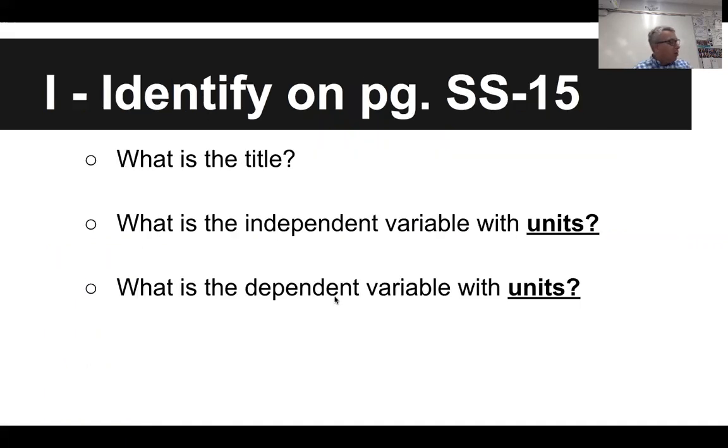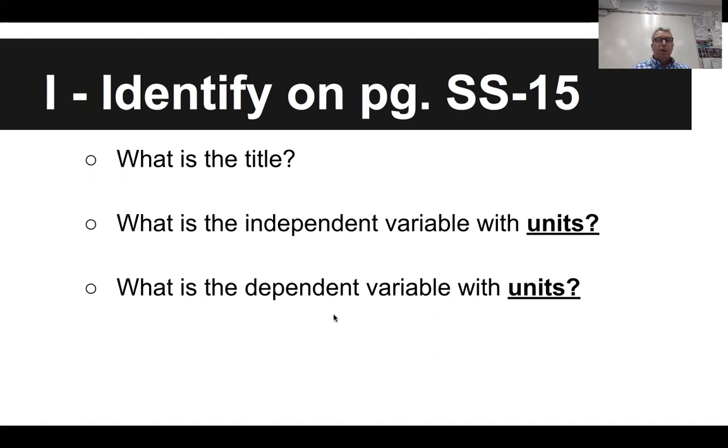So looking at the graph on page SS15, identify the title. All right, and that's pretty easy, I hope. The second thing you're going to identify is what is the independent variable with units. And then what is the dependent variable with units? Those are the first three things that you want to identify.